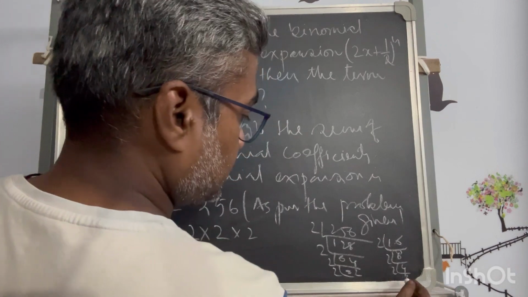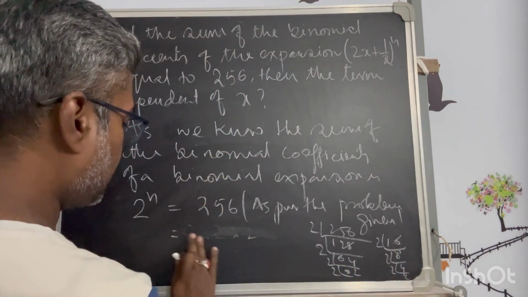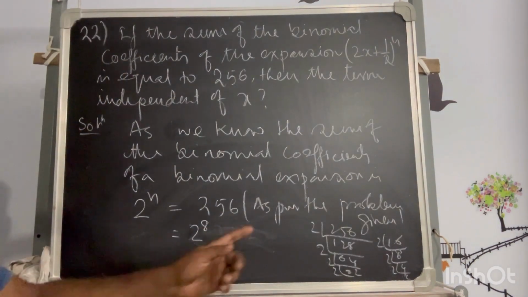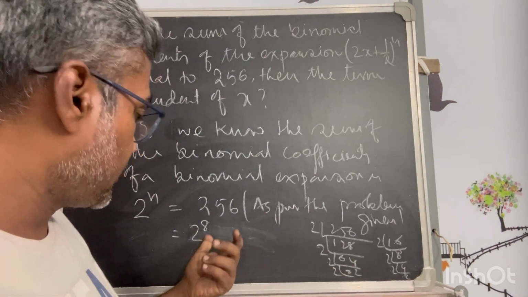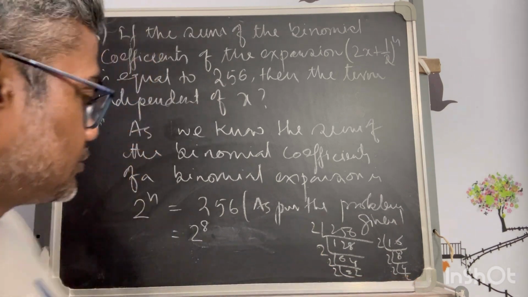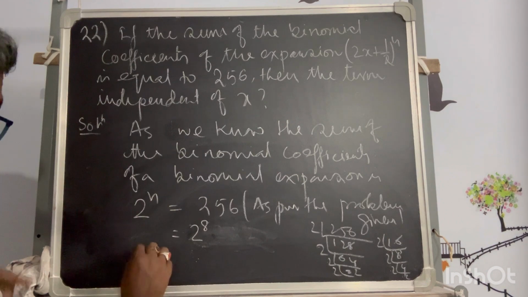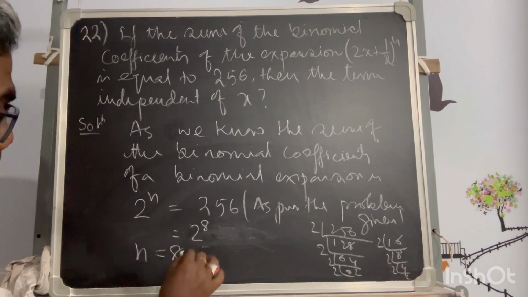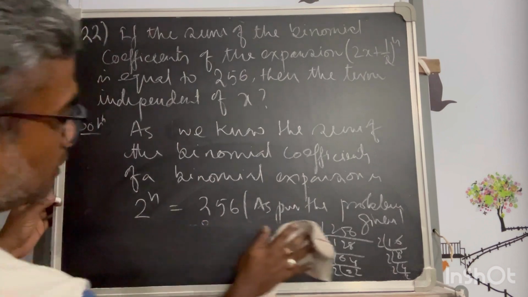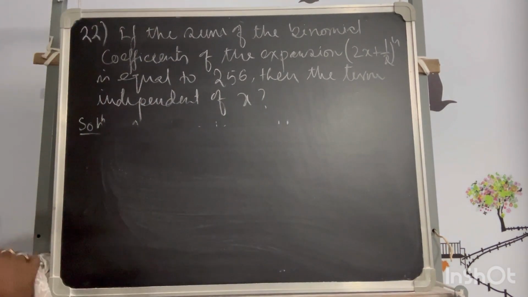How many 2's are there? 1, 2, 3, 4, 5, 6, 7, 8. So we can write this as 2 to the power 8. From there, 2 to the power n is equal to 2 to the power 8, so n is equal to 8.